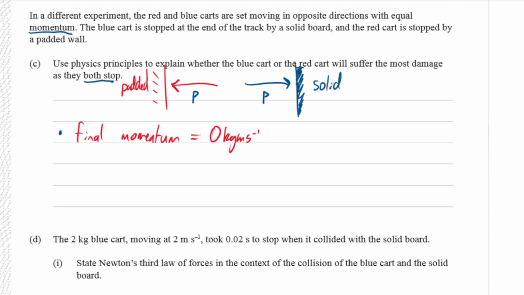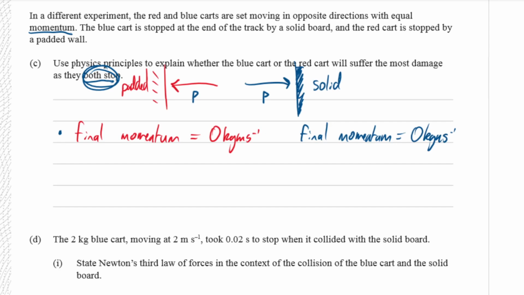Because it's come to a complete stop. In other words, its velocity is 0, and mass times velocity is momentum, which gives 0. For the blue one, its final momentum is also 0. Again, it's come to a complete stop.